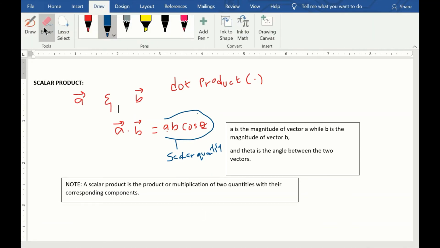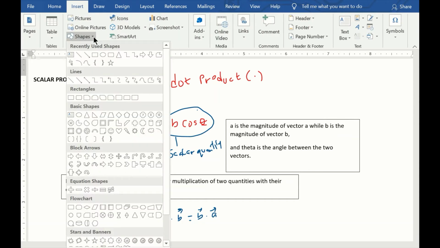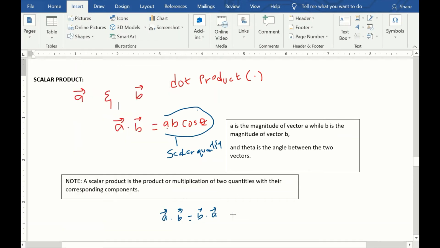Now, I want us to note that dot product is commutative. What does that mean? It means that vector A dot vector B will give us the same as vector B dot vector A. So it does not matter the order of arrangement.